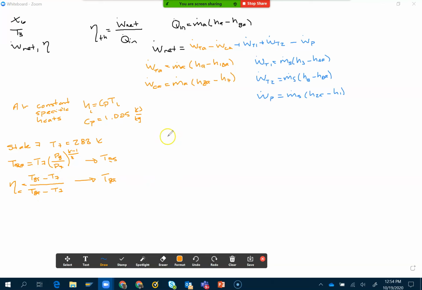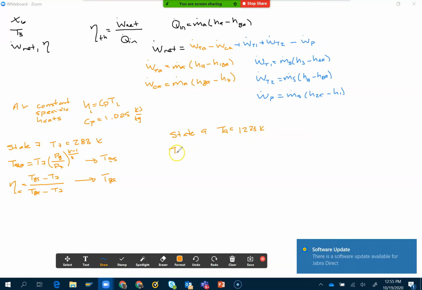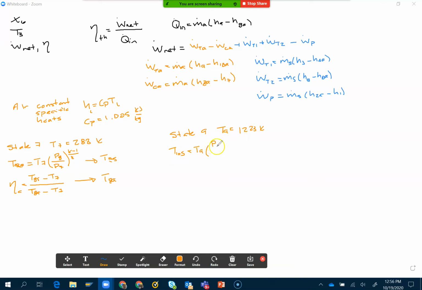State 9 is also given. We're being told that it is 950 degrees. And again, we can use the isentropic relation to get T10s. So we can compute also using the definition of isentropic efficiency of the turbine.